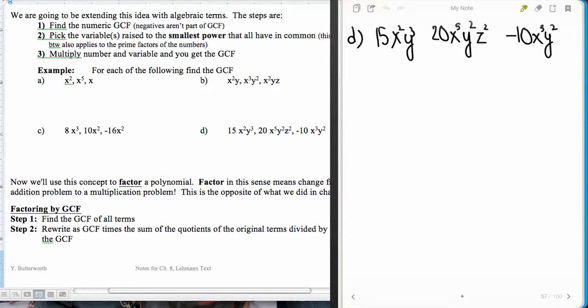All right, so now what we have going on is three a little bit more complicated ones. So we're looking at the numbers first. We look at the 15, and for 15 we have 1 and 3 and 5 and 15. And then 20 we have 1 and 2 and 4 and 5 and 10 and 20.